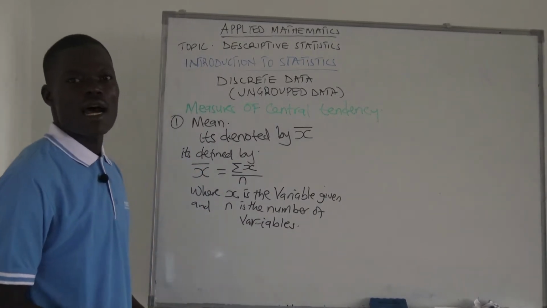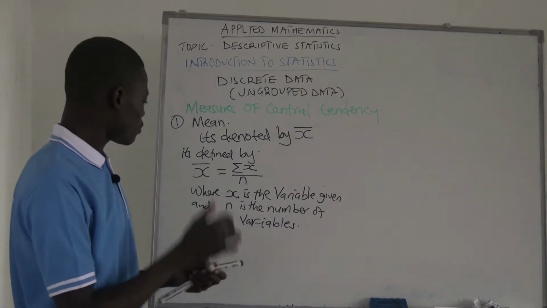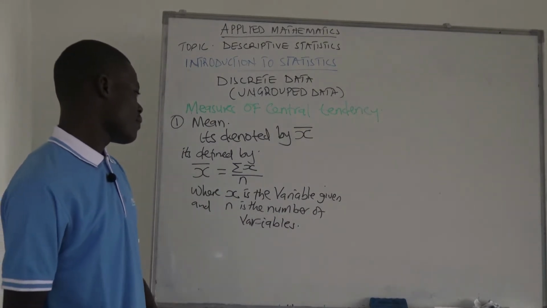And N is the number of variables. So that's the mean.